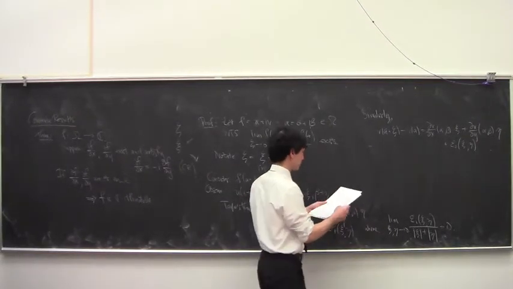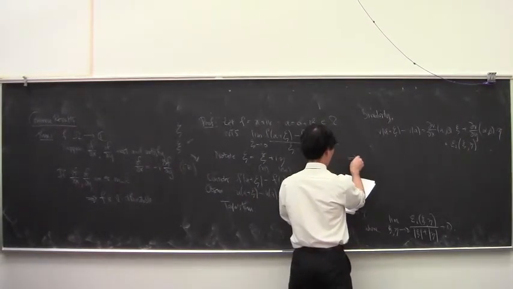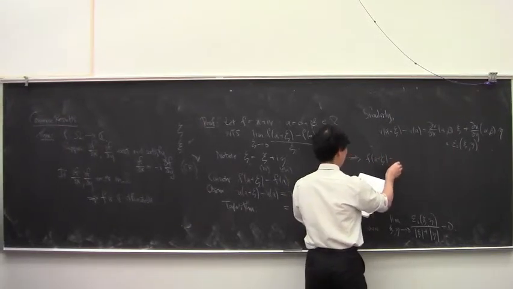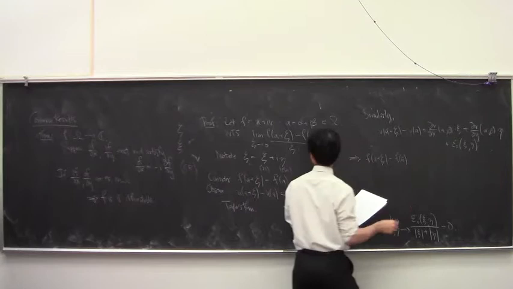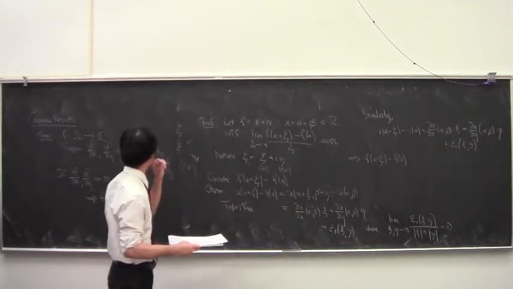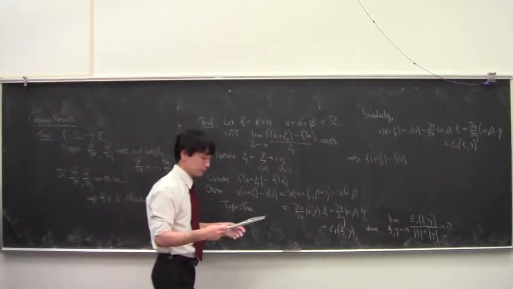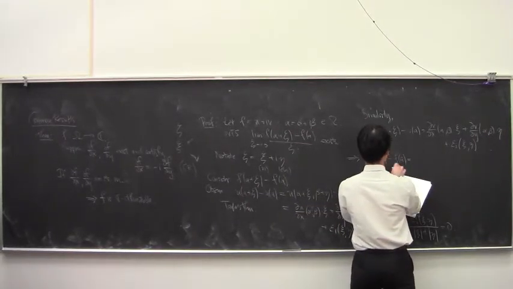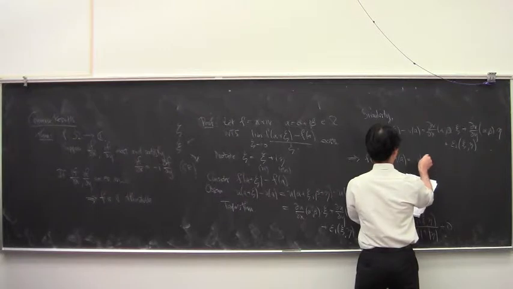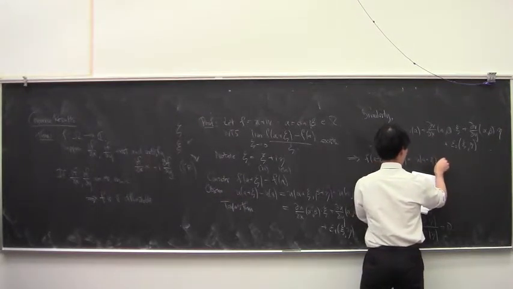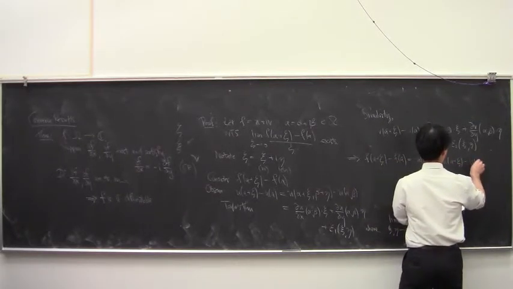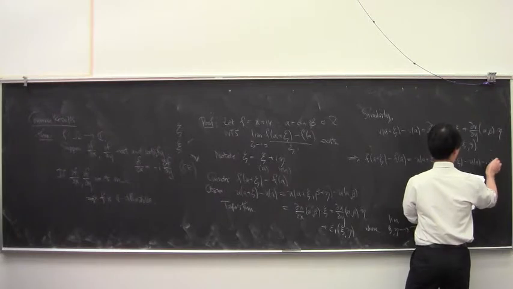So then, if we look at f of a plus zeta, here's where the Cauchy-Riemann equations come in. We haven't used the Cauchy-Riemann equations yet. We have that this minus this is u of a plus zeta plus iv of a plus zeta minus u of a minus iv of a.